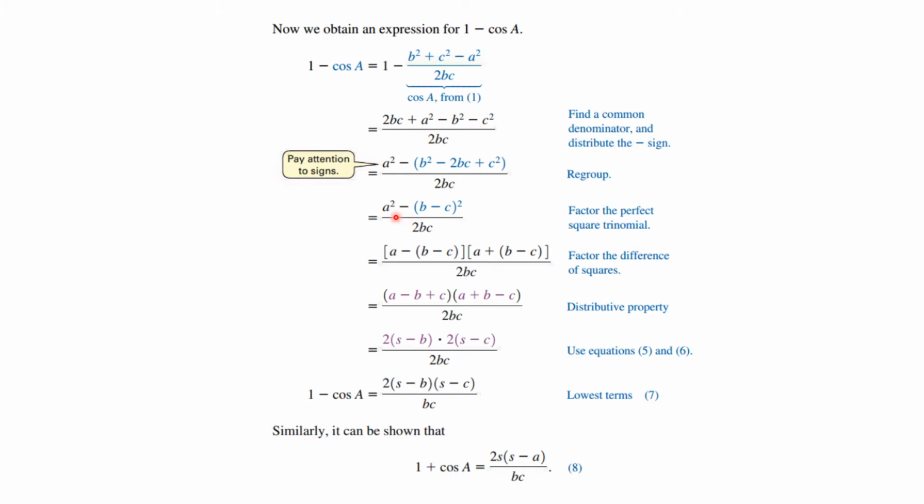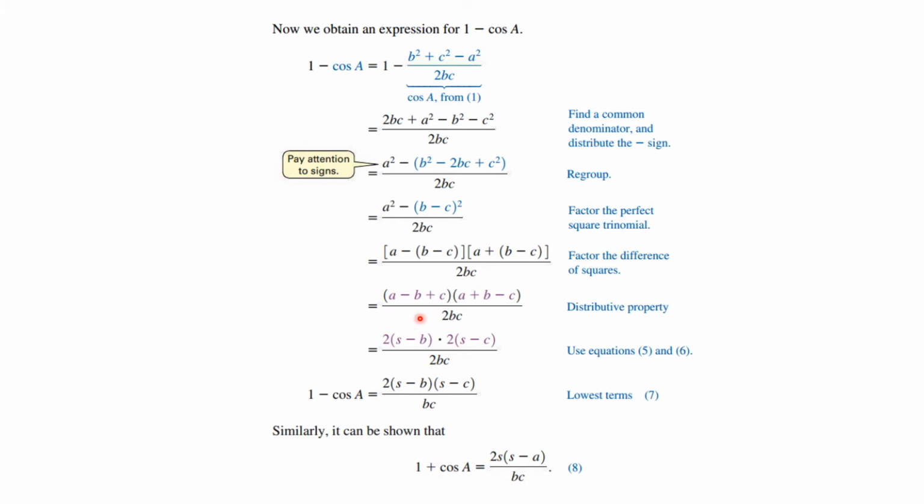Since you have a squared minus (b minus c) whole squared, this is like x squared minus y squared, and it can be factored into (x minus y) times (x plus y). So we factor this as a difference of squares, and we distribute the signs, and we have that this is (a minus b plus c), a minus times a minus, times (a plus b minus c).